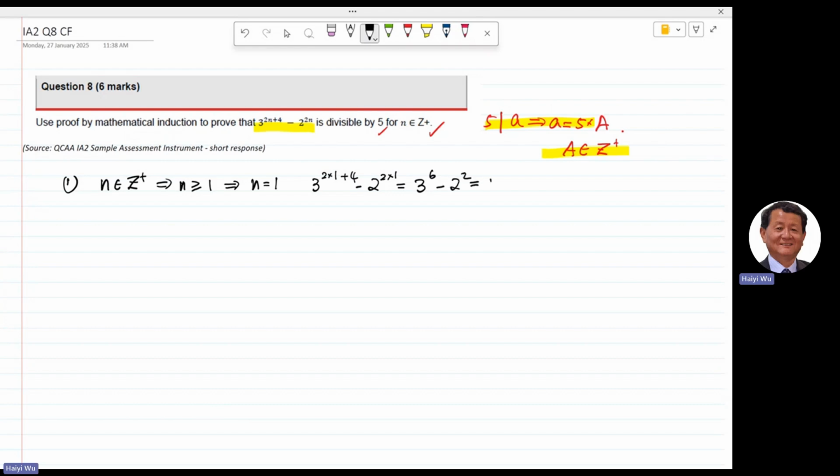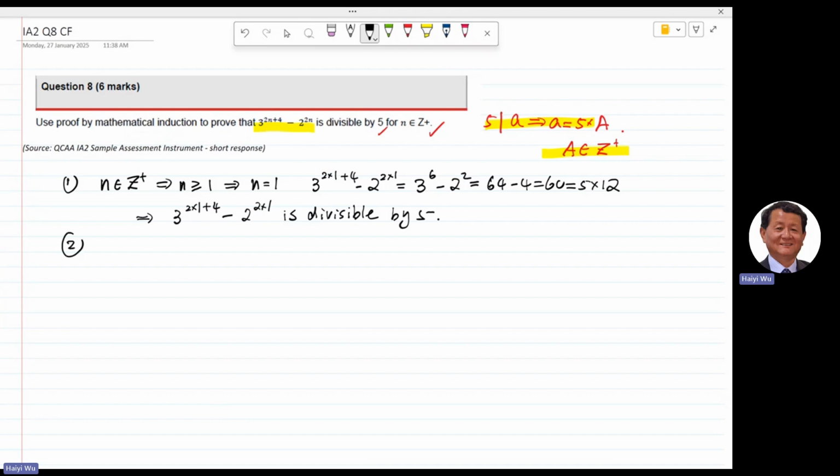That's 64 minus 4, which is 60. We can write 60 as 5 times 12, so 5 is a divisor of this expression when n equals 1. That means the statement is true, so we proved the first step.